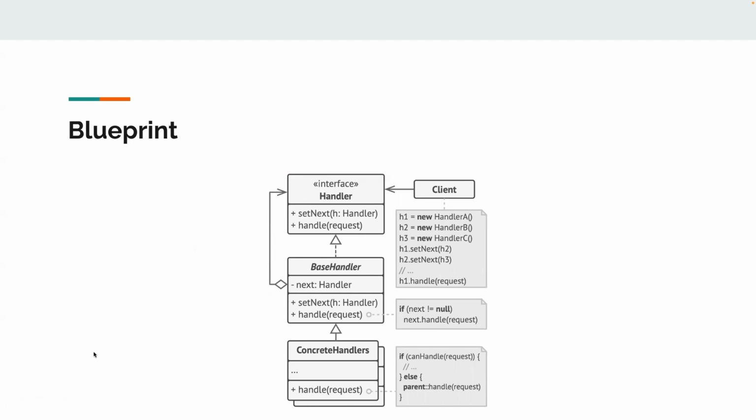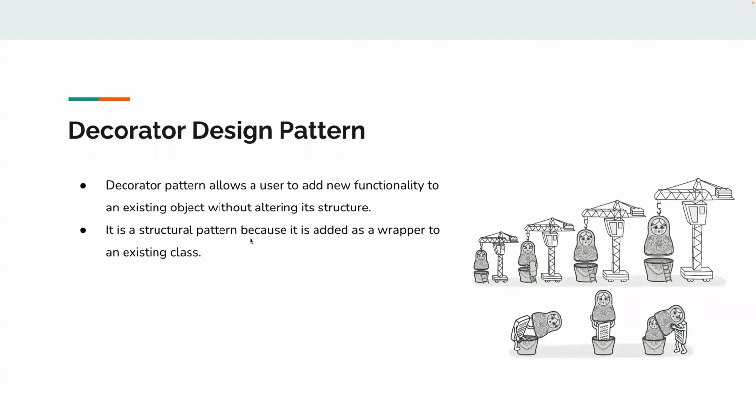Based on that handler interface, the different base handlers will be created, as seen in the previous example about authentication and authorization. So these all will be the base handlers. And in this way, we can implement the chain of responsibility pattern to process multiple requests sequentially. Next slide.